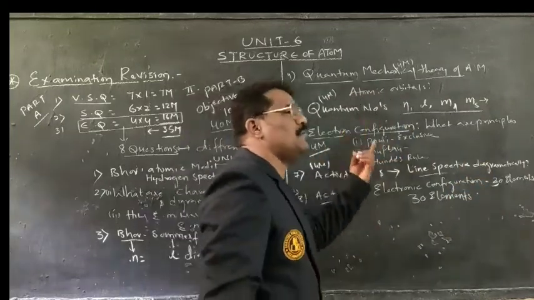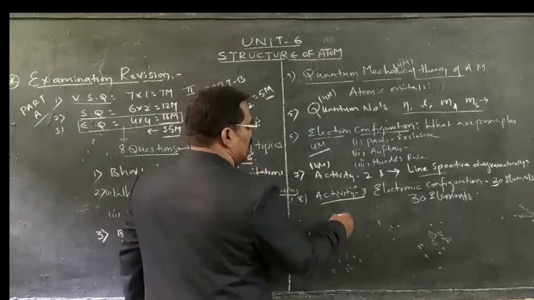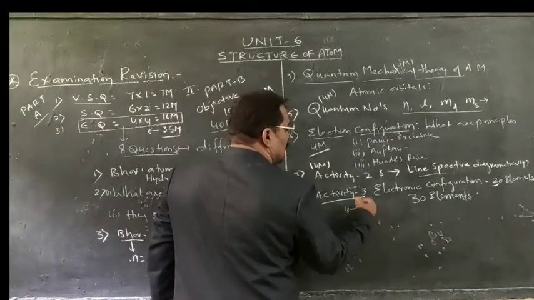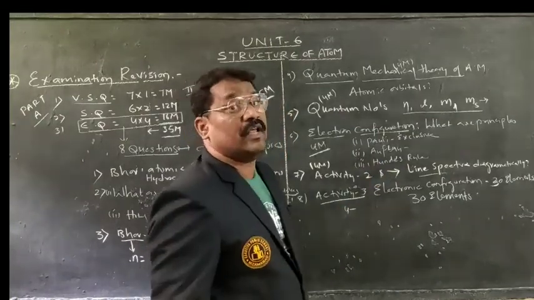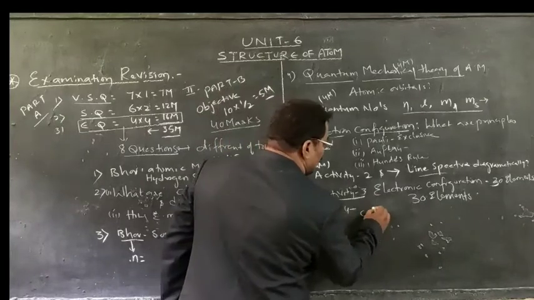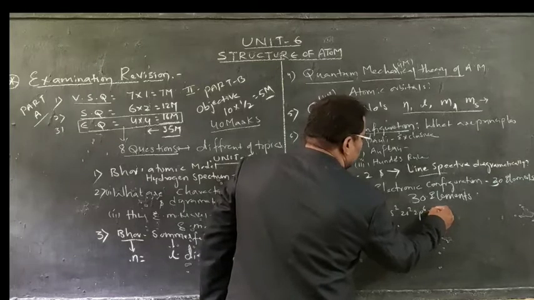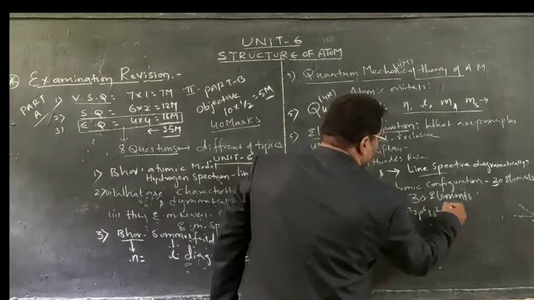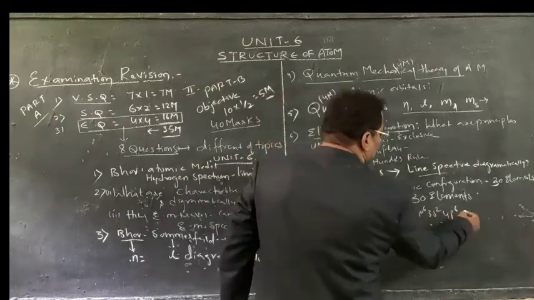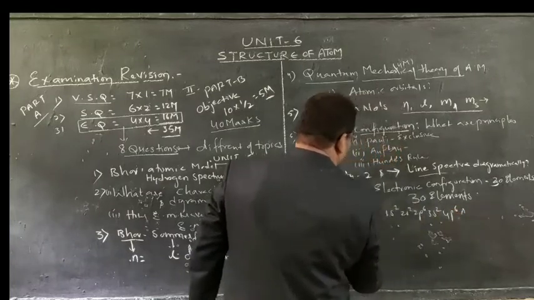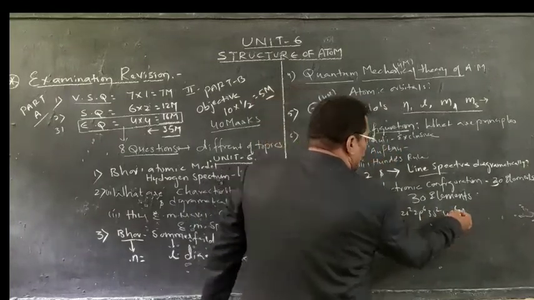If we are well familiar with those 30 elements' electronic configuration, he may ask directly what is the electronic configuration of chromium. Chromium: 1s2, 2s2, 2p6, 3s2, 4p6. Then afterwards, what is the electronic configuration of chromium?